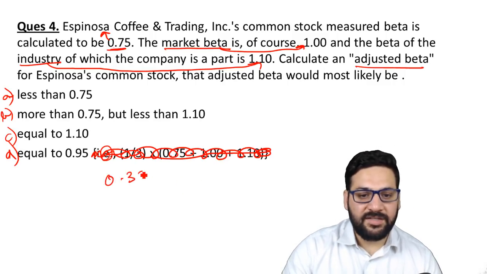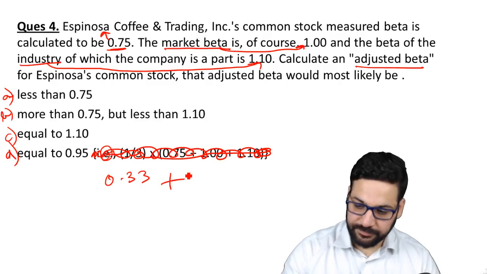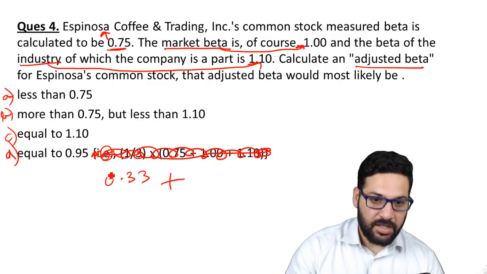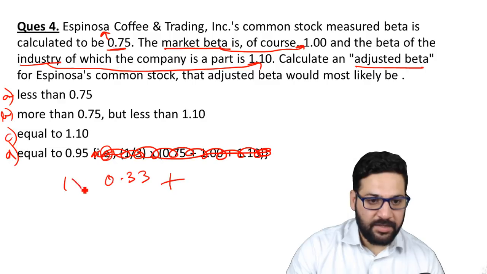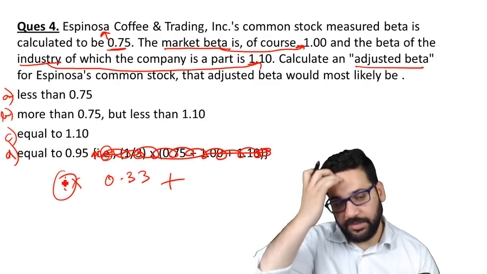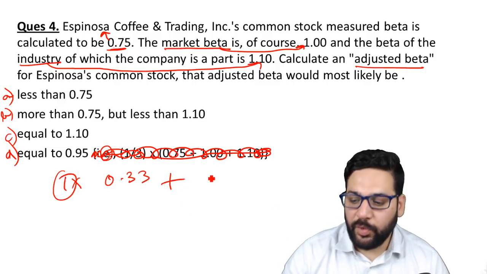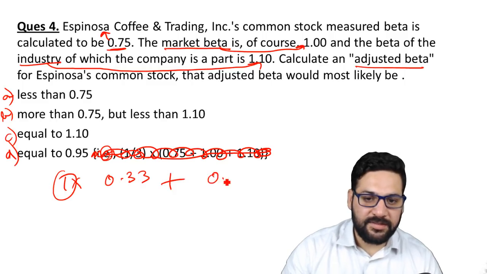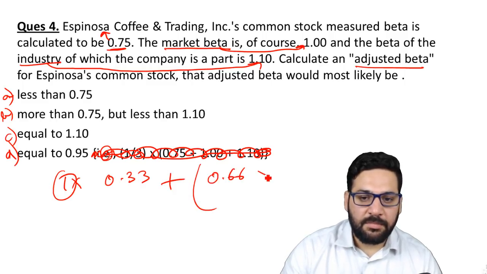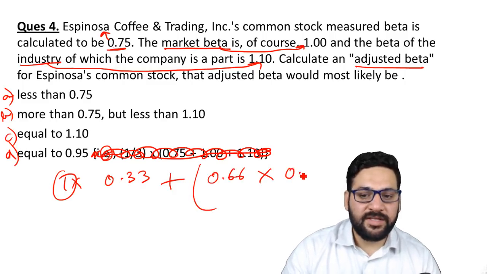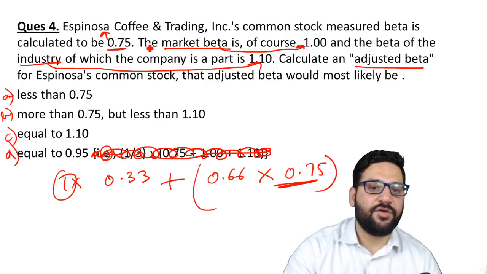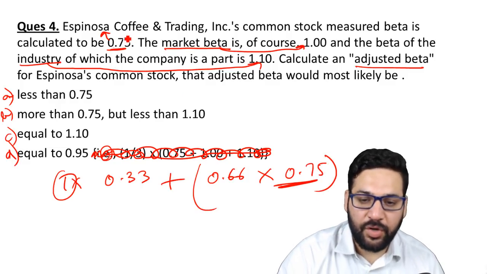So 0.33 multiplied by 1, where 1 is the market beta, right? Plus 0.66 multiplied by 0.75. This is the raw beta of Esponisa coffee.